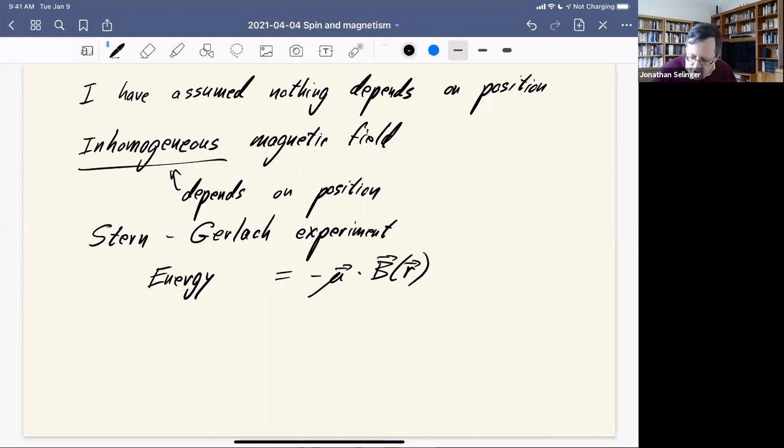Okay, so that makes a force, which is the negative gradient of the energy. So that means that we're going to have different forces on different spin states.